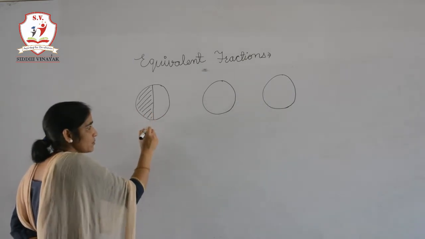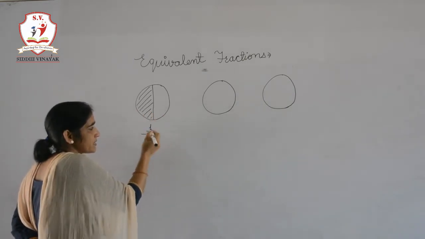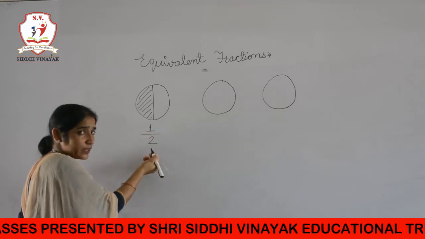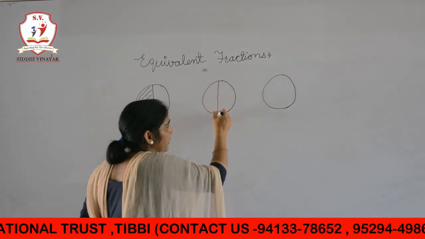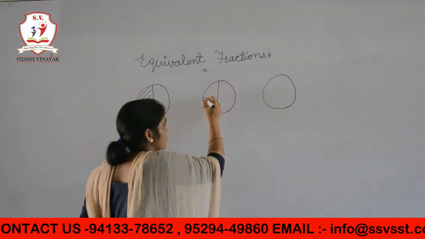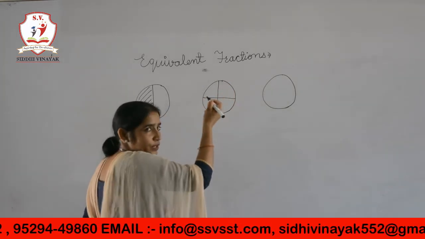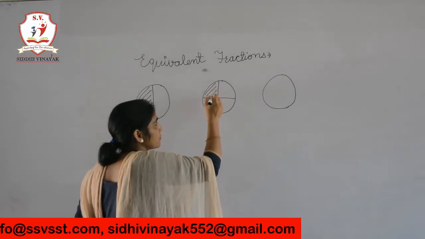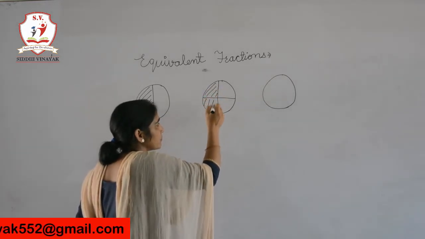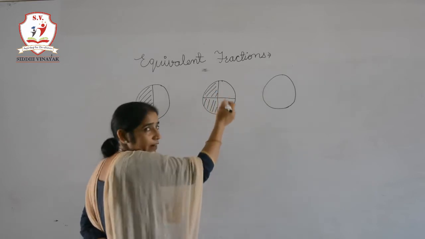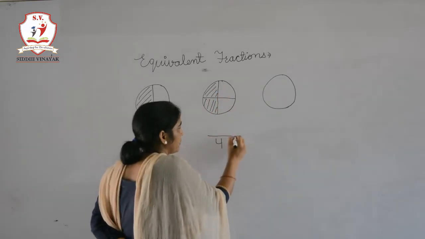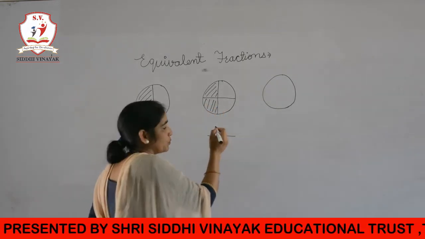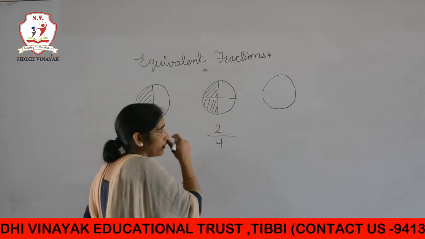Shaded part is 1. 1 is our numerator, 2 is our denominator. We divided another into 4 parts. We shaded 2 parts. Total parts are 4. 4 is our denominator. Shaded part is 2. 2 is our numerator.